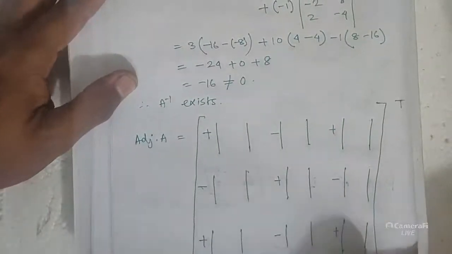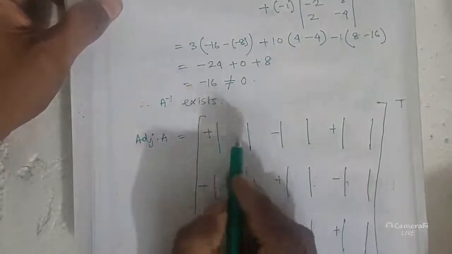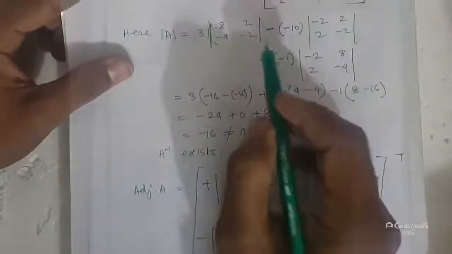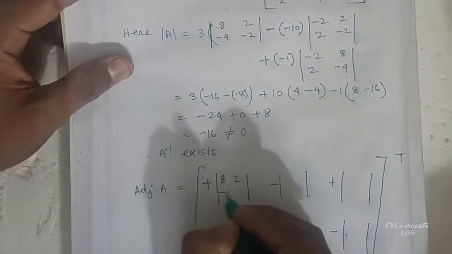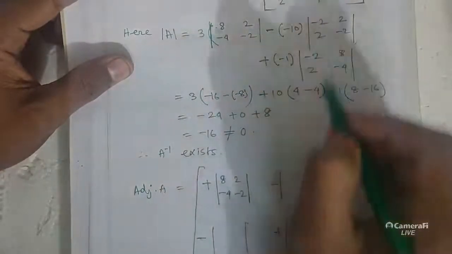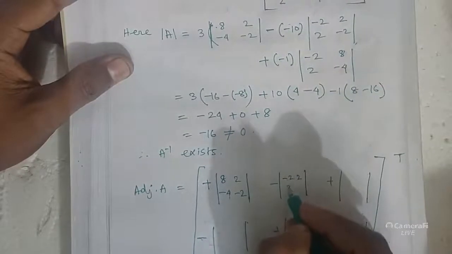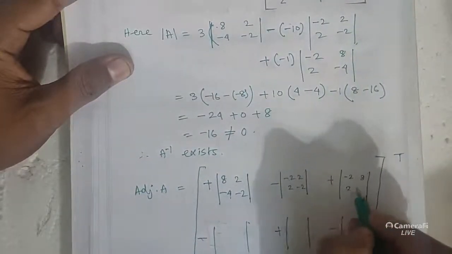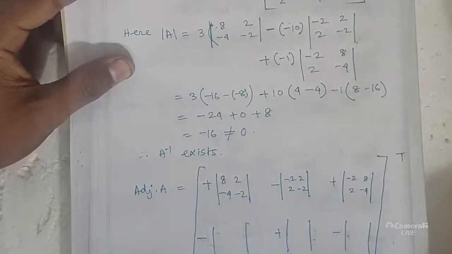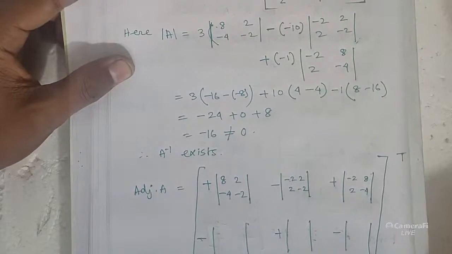Now check the elements we have to write. So first row we have already done here. So these are the elements: 8 2 minus 4 minus 2, minus 2 2 2 minus 2, minus 2 8 2 minus 4. These are the cofactors for the first row's elements.